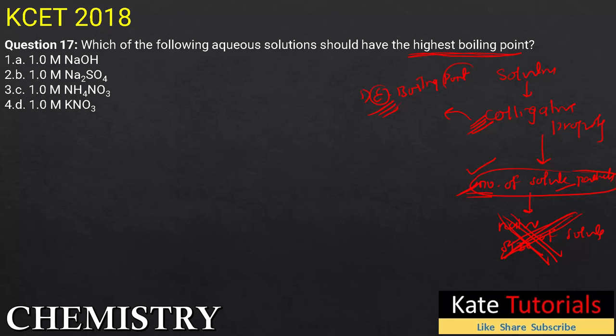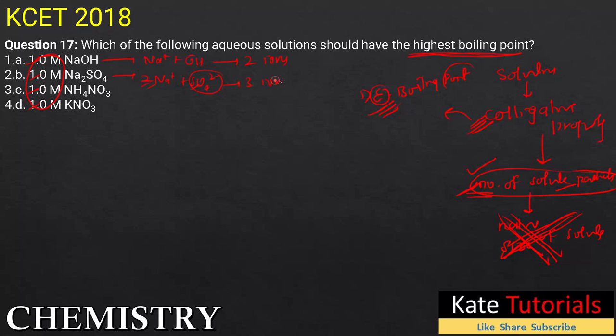All are 1 molar, so we will forget about the concentration and just look at the ions. NaOH in water forms Na plus and OH minus, so 2 ions. Na2SO4 gives 2 Na plus and SO4 2 minus, so 3 ions.